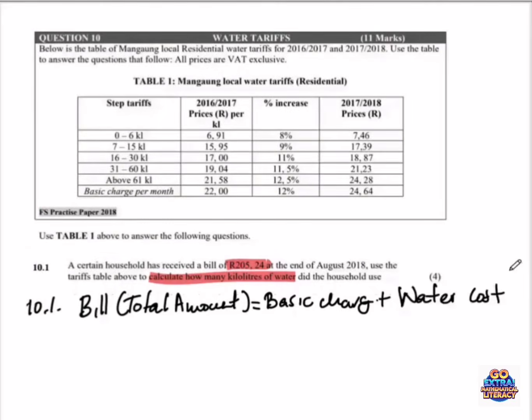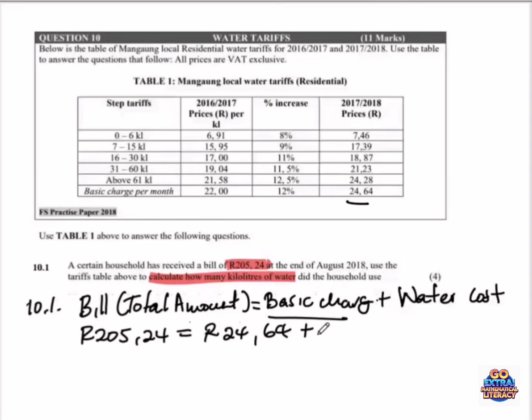So what is our bill in this question? According to this question, we're given a bill of 205 rand 24 cents, which equals our basic charge, given here for 2018, plus the water cost. Our basic charge is 24 rand 64 cents.